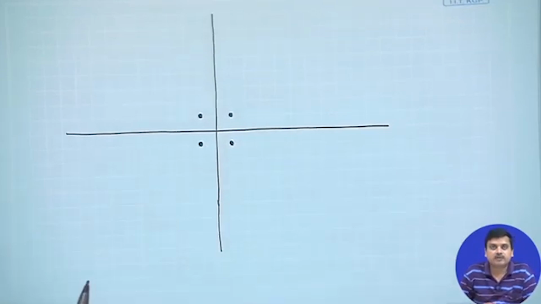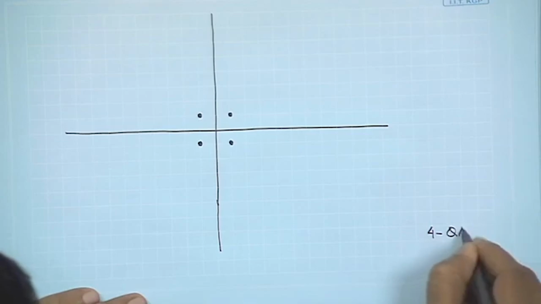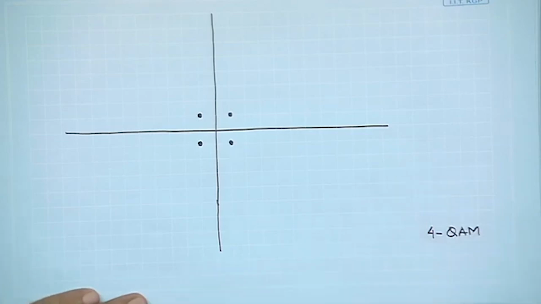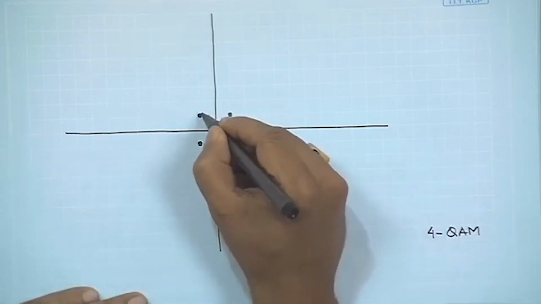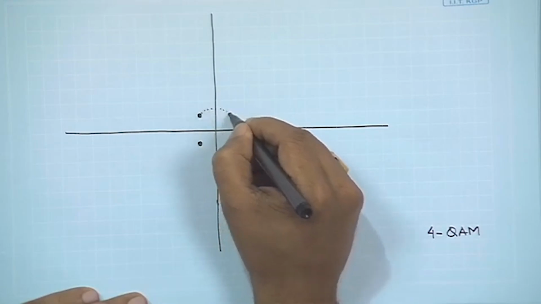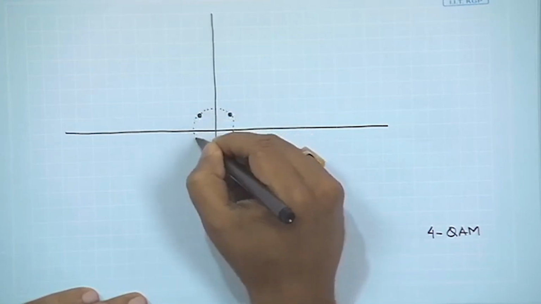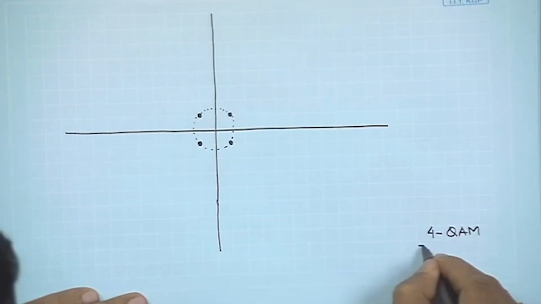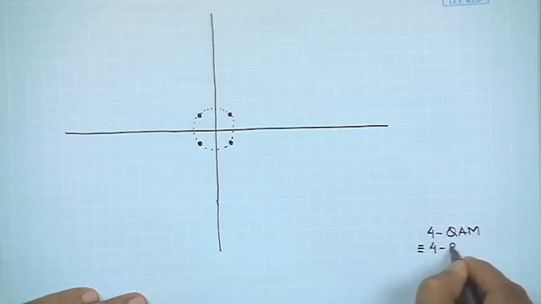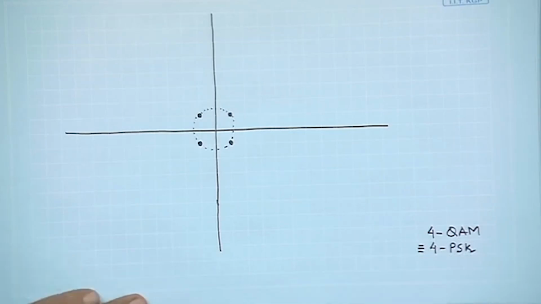Clearly, what I have created is a constellation with 4 points. So, I would call it 4 QAM, as well as you could claim that this is 4 PSK. Right. So, this is simple.